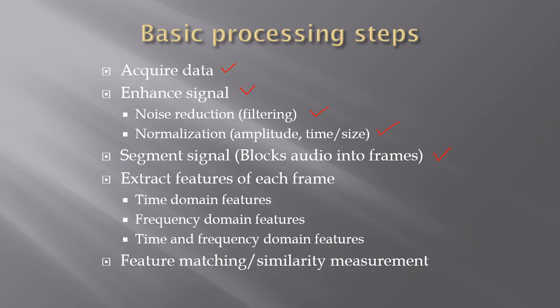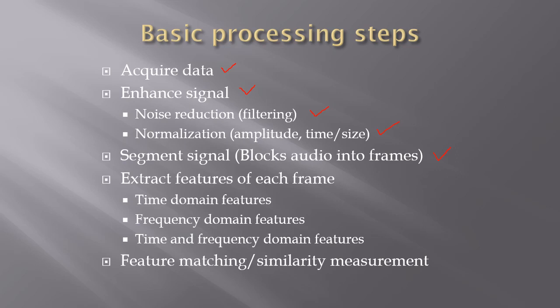We divide the whole signal into frames. Now the length of the frames is something that we have to consider, and some research suggests using 30 milliseconds for audio processing, but you could try, for example, 50 milliseconds or so.